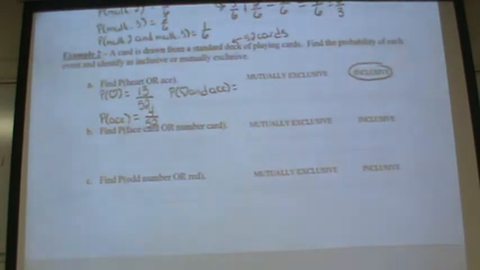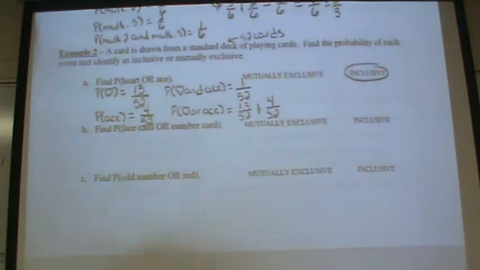And then because we said it was inclusive, we have to find the probability when it's a heart and an ace, which, like I said, there's one ace of hearts out of your 52 cards.